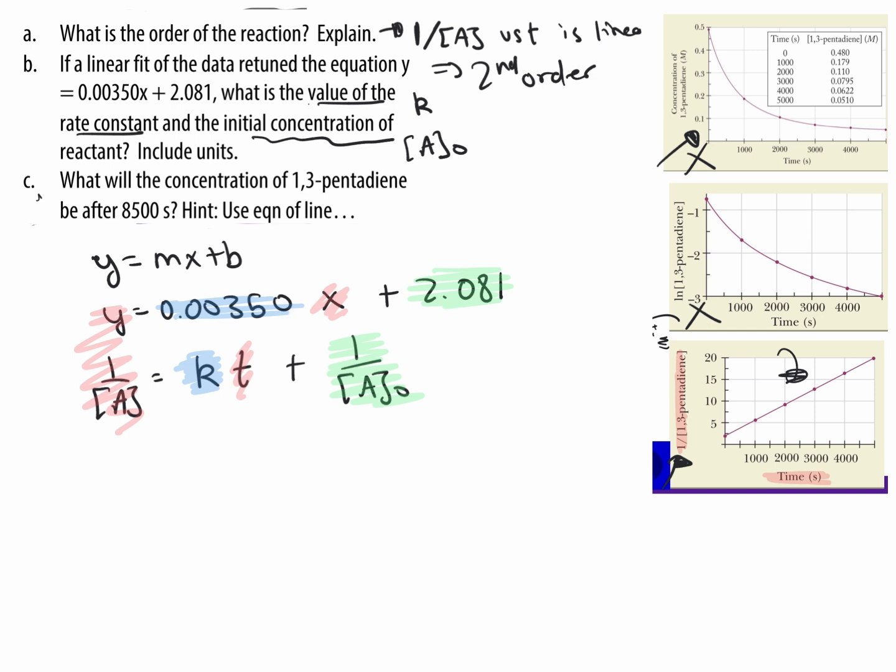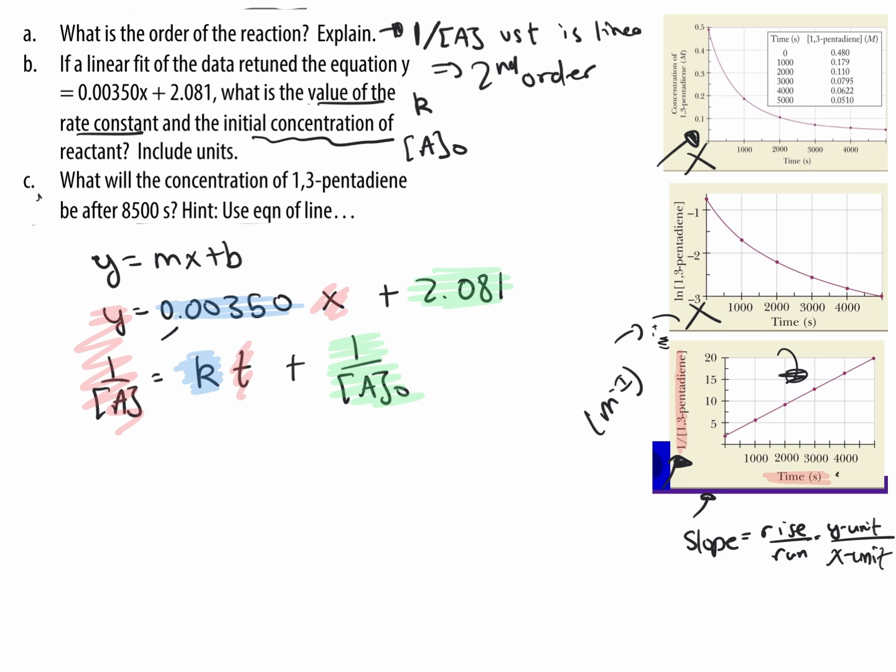Now, we do need to worry about units. Again, remember how the units work here. Whenever I have a graph, the slope is rise over run, and so it has units that are the y unit over the x unit. In this case, my y-axis has units of molar to the minus first. My x-axis has units of time.